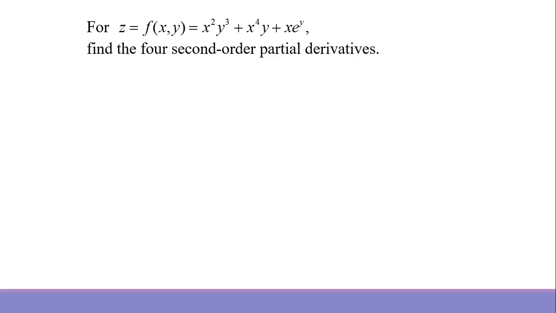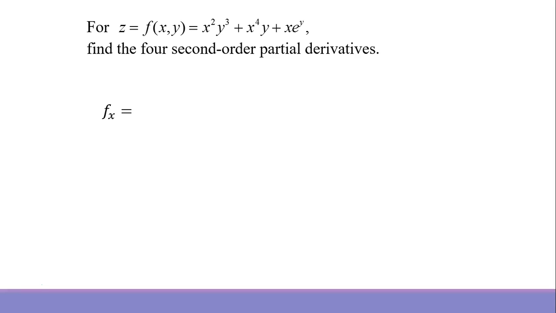So let's take a look at this problem. For z, which is a function of variables x and y, we want to find all four of our second-order partial derivatives. So let's start by looking at the partial derivative with respect to x. Now that means that anything that does not look like an x we're going to treat like a constant.